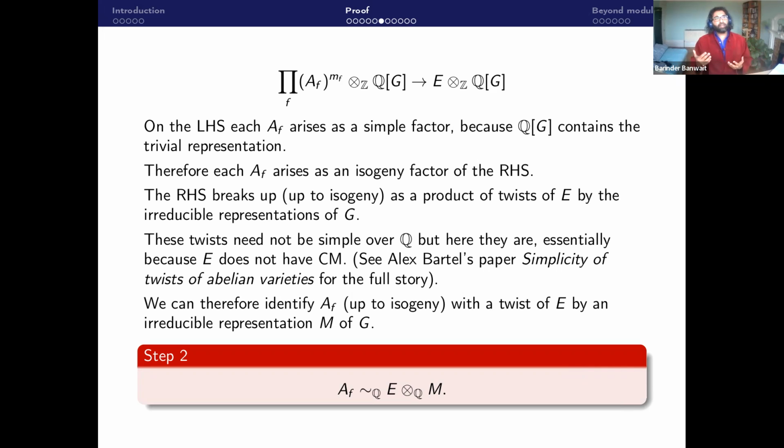You can think of this as E direct sum E, as many copies as the dimension of M over Q. Yes, exactly. The dimension of these objects will be the dimension of E times the dimension of M. Exactly. Up to isogeny, it is that abelian variety.